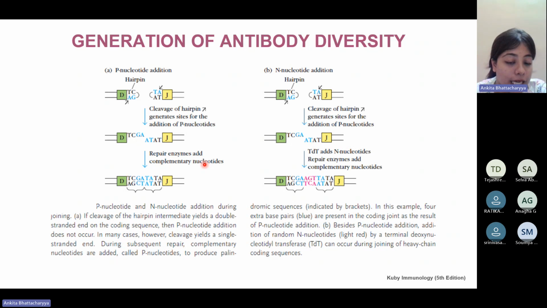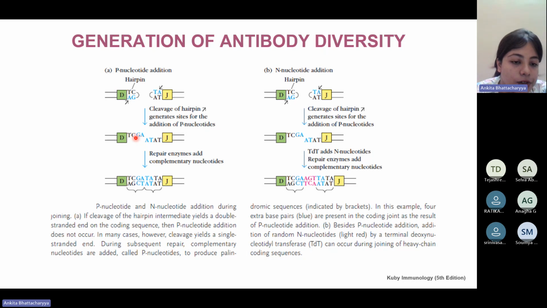However, in many cases, cleavage often yields a single-stranded end. During subsequent repair, complementary nucleotides are added, which are called P-nucleotides, to produce palindromic sequences. That is what gives rise to the P within this nucleotide addition. This is indicated by brackets.